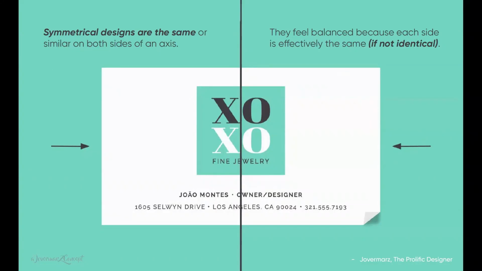Then they feel balanced because each side is effectively the same. Like this picture you see here is balanced. Each side is the same. There is no, this object is on this side and another object on the other side. It is equally distributed. So that is symmetrical. There's also asymmetrical, we'll get to that.